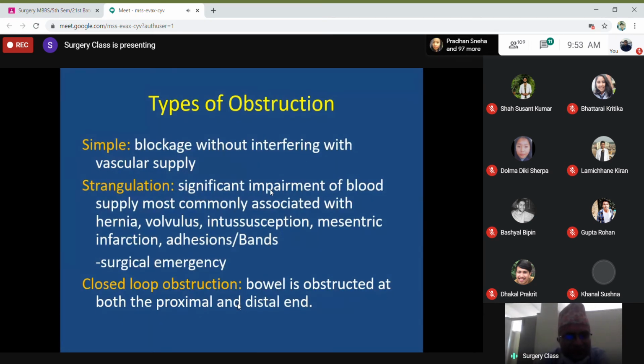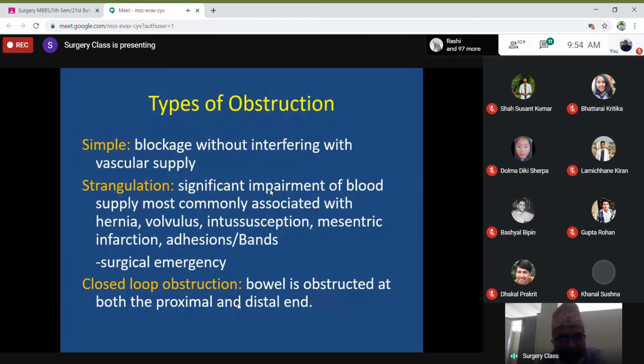So what is simple obstruction? There is mechanical obstruction, but there is no vascular compromise, which means that the viability of the bowel is not at risk. So you can wait for some time and manage non-operatively. You can take some time for evaluation and management.